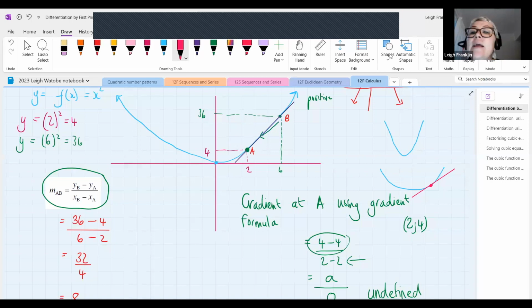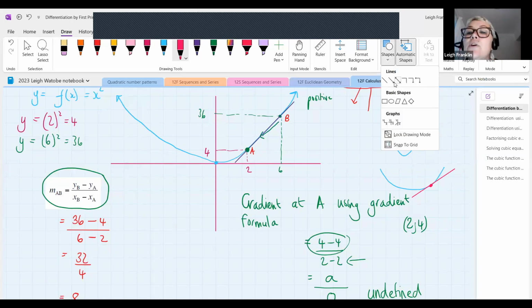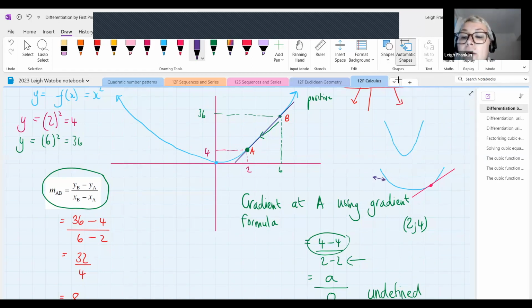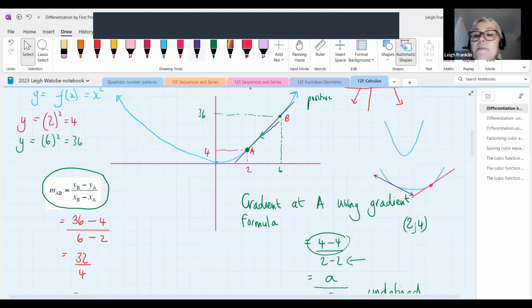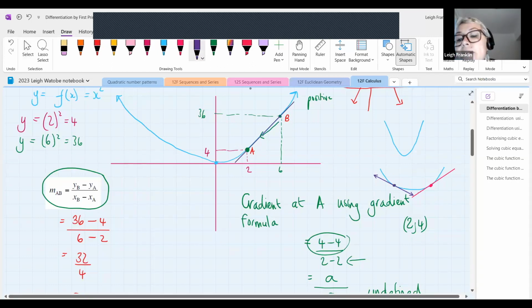If I had a tangent at a different point, let's say over here, I can measure the gradient of the function at that point because it will be the same as the gradient of the line.